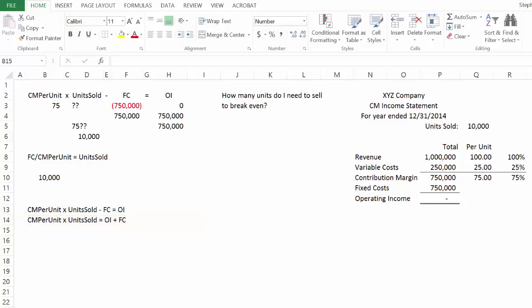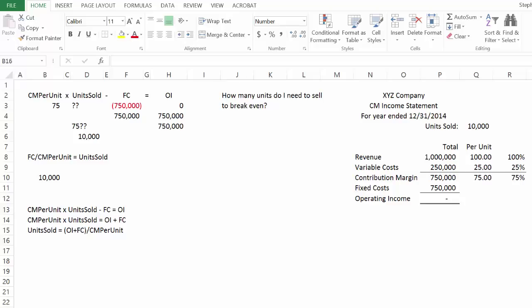I just added fixed cost to both sides of that equation. If we want to isolate units sold, we need to divide by contribution margin per unit. We're going to divide both sides by contribution margin per unit, and let's see what we get. So now we have the equation units sold equals operating income plus fixed cost divided by contribution margin per unit. That is another cost volume profit equation.